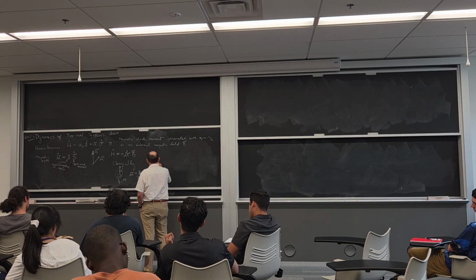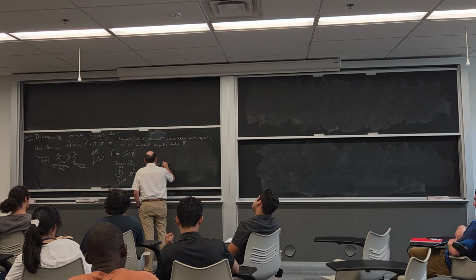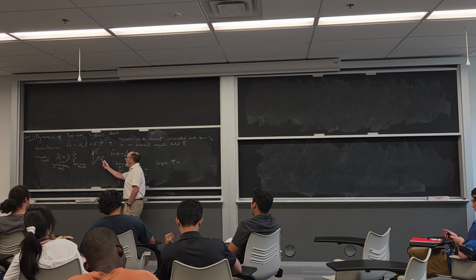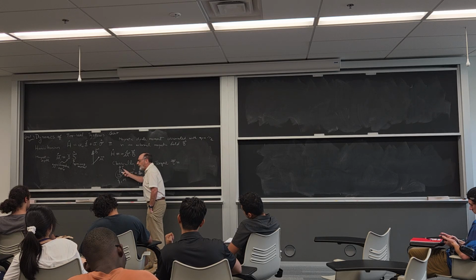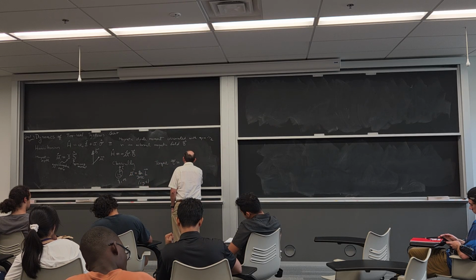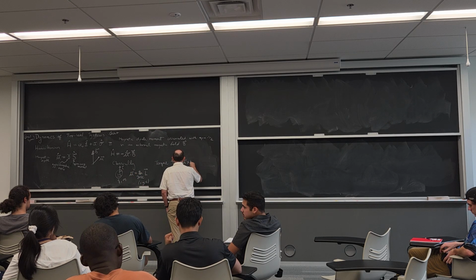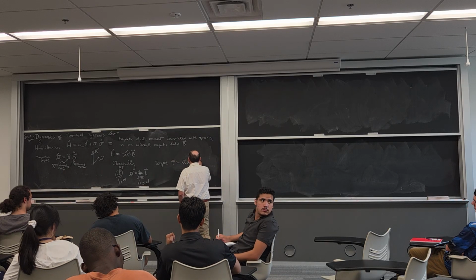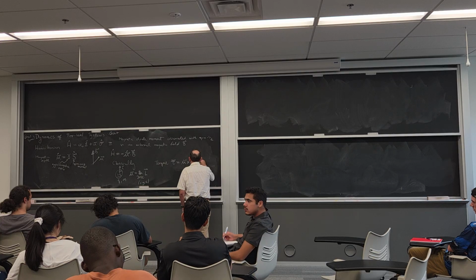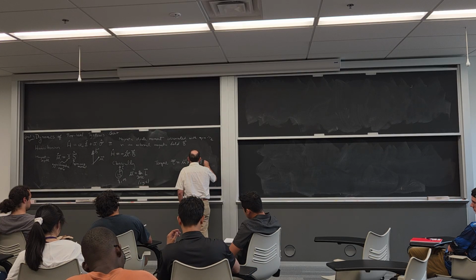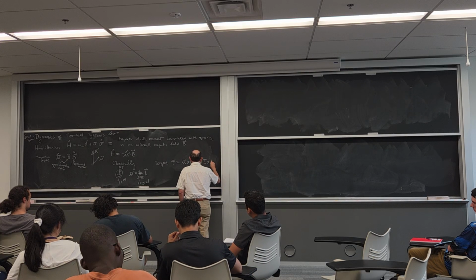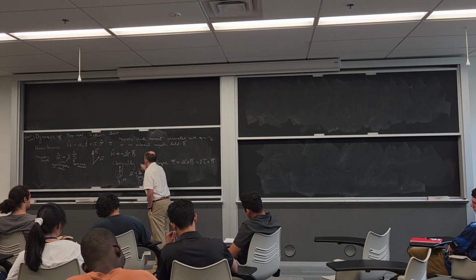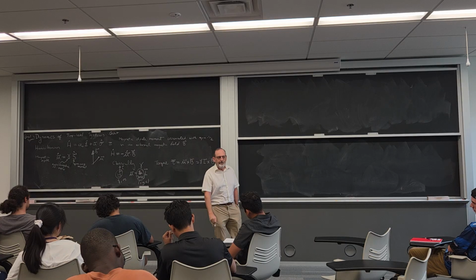So the torque that is acted upon this vector, or on this angular momentum by the magnetic field, is mu cross B, okay? Or equivalently, gamma L cross B, where this is the gyromagnetic ratio, okay?